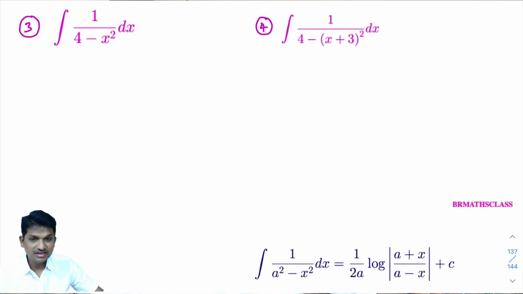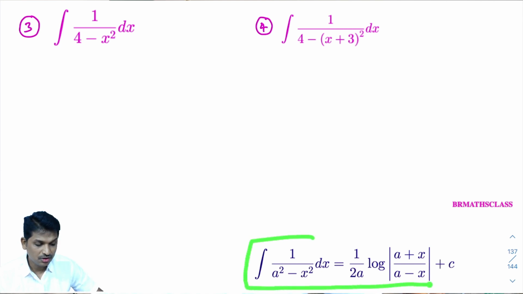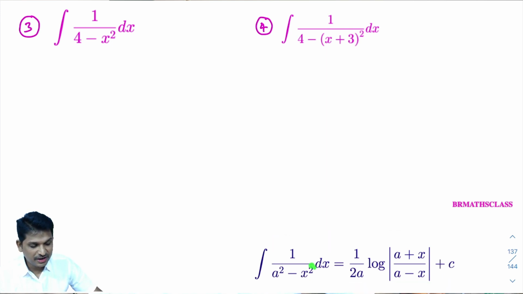Before that, see this formula. What is this formula? Integral of 1 divided by a square minus x square dx. The formula is 1 by 2a into log mod a plus x divided by a minus x plus c. You observe the root is not there.